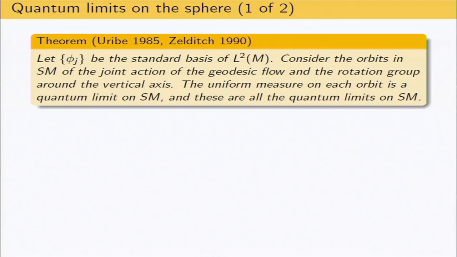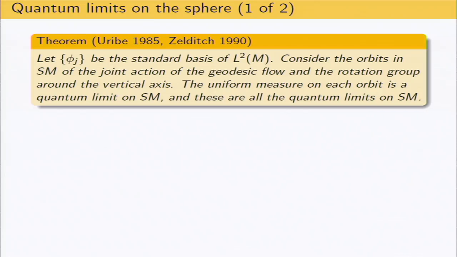There is this theorem which describes the quantum limits with respect to the standard basis. Actually, these papers are much more general, so it's a bit hard to get this information out of the paper.